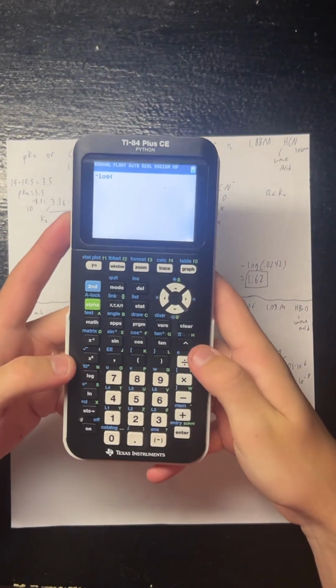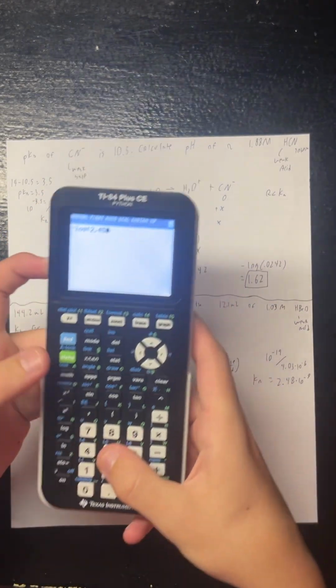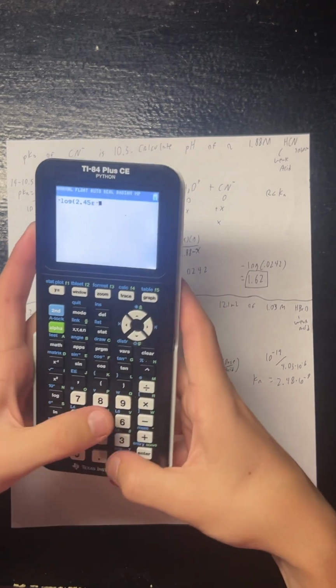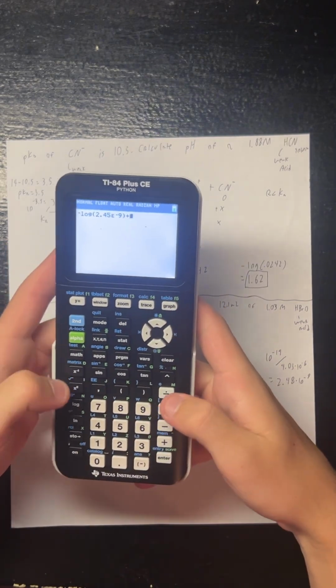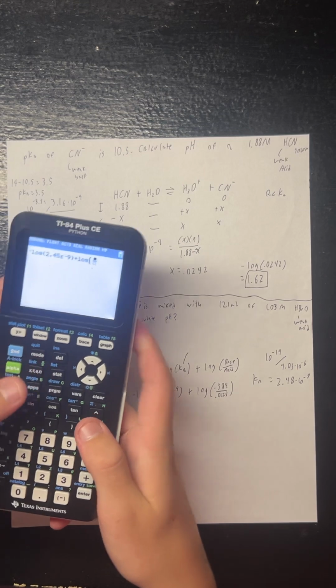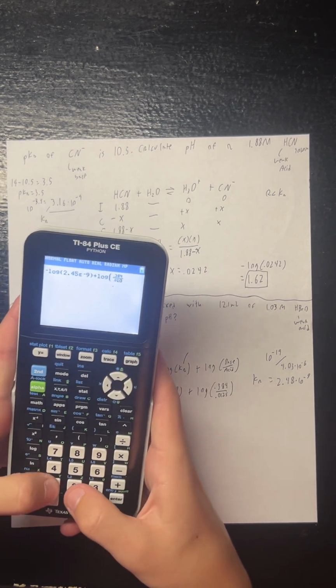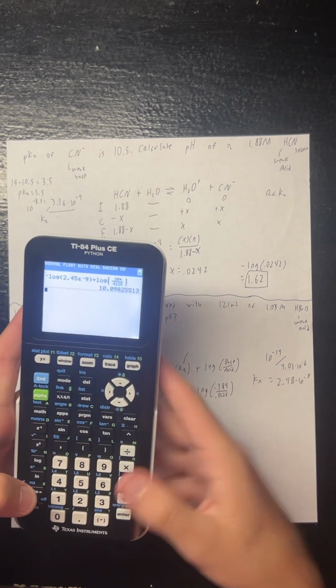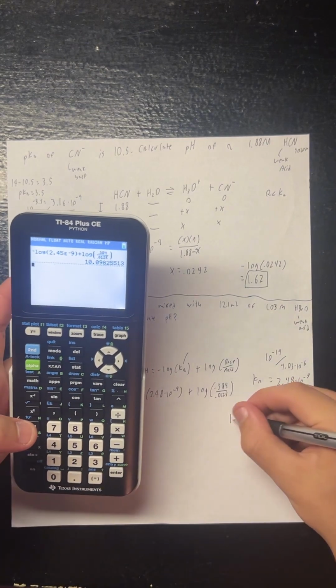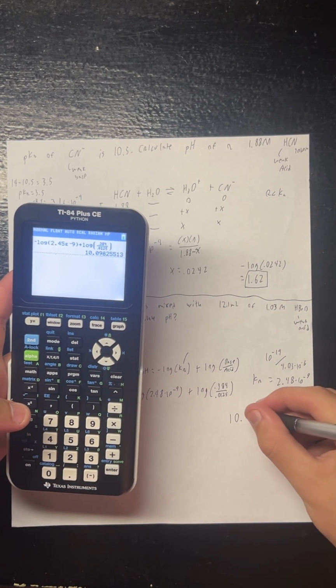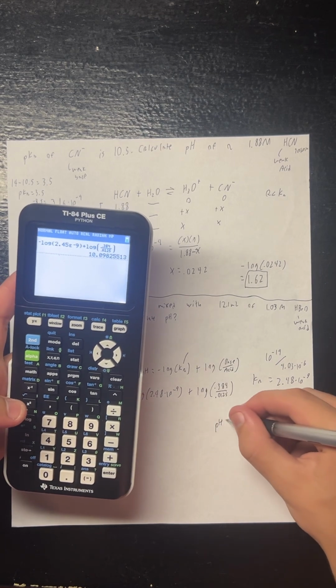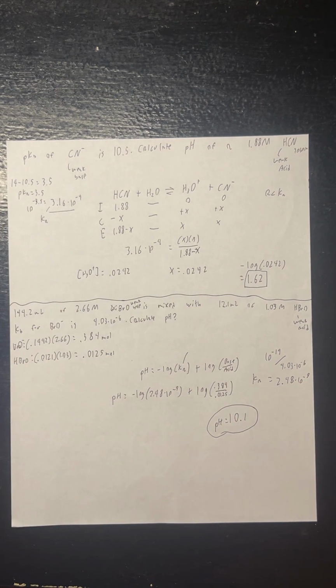So negative log of 2.48 times 10 to the negative 9 plus log of 0.384 over 0.0125. And it is 10.1. That is our pH. And boom, that is how you do the quiz questions.